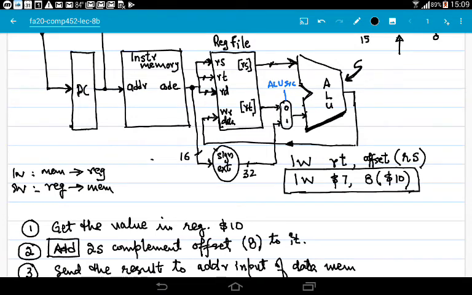The upper input of the ALU source mux comes from the RT register value, and then one of these values will go to the second input of our ALU, and the first input will come from RS. This is RS.